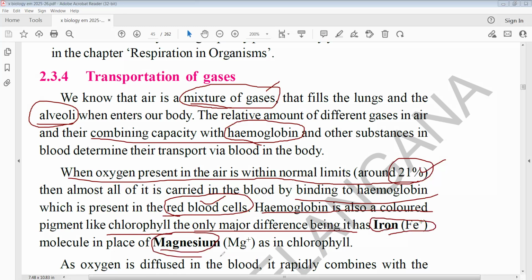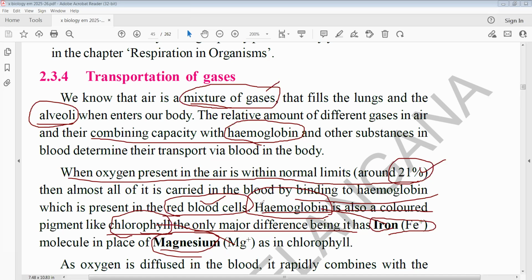Now let us discuss here. Chlorophyll is a pigment which is present in the chloroplast, which contains the magnesium element. Similarly, hemoglobin is a pigment which is present in the RBC, which consists of iron. This is most important at examination level, so you have to keep both pigments in mind.